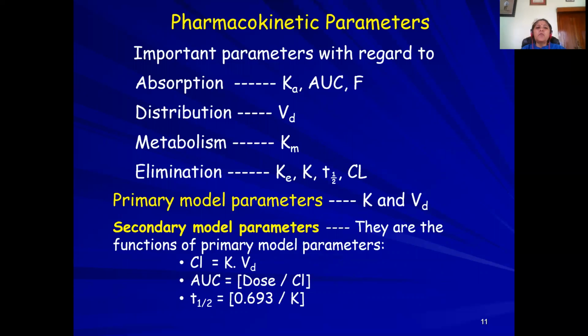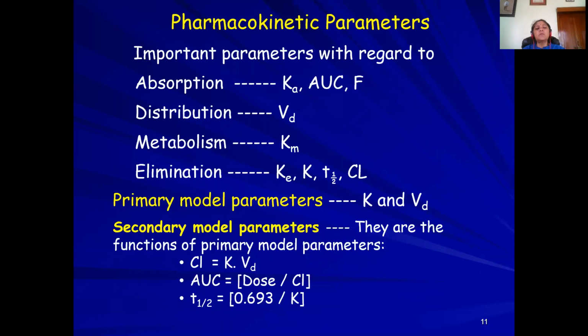Now, the important pharmacokinetic parameters with regard to absorption are Ka, that is the rate of absorption, AUC, that is the area under the curve, next F is the bioavailability. With respect to distribution, the important parameter is Vd, that is the apparent volume of distribution.